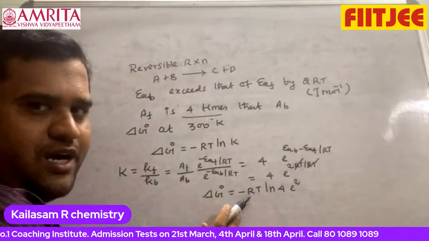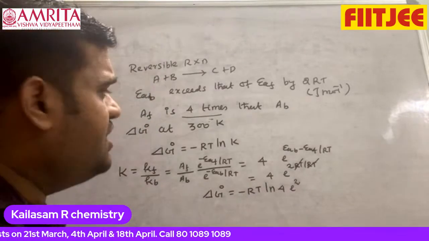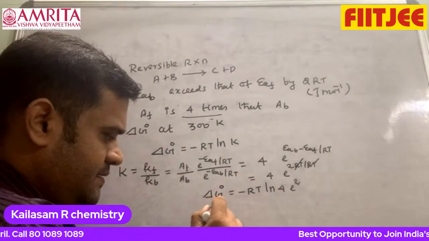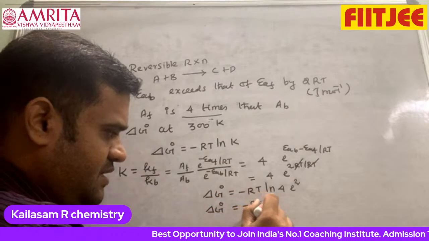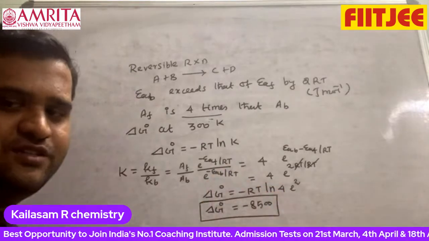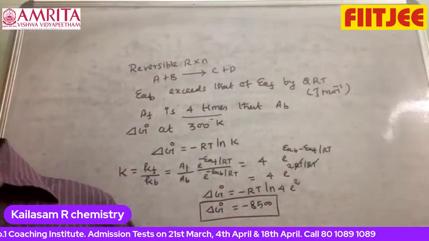R value is 2, and T is 300 Kelvin. If we simplify that, delta G naught is equal to minus some calories. This is what JEE Mains is really asking.